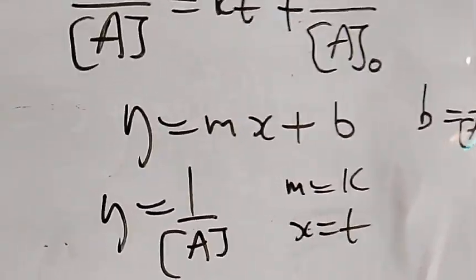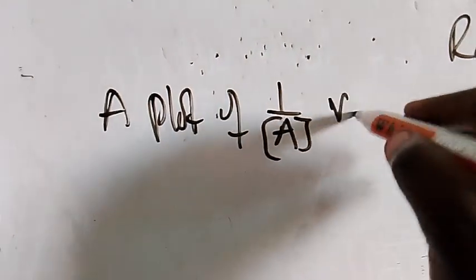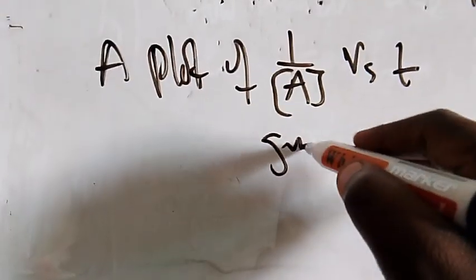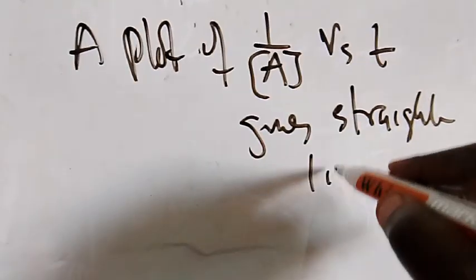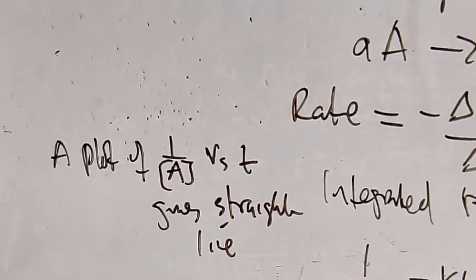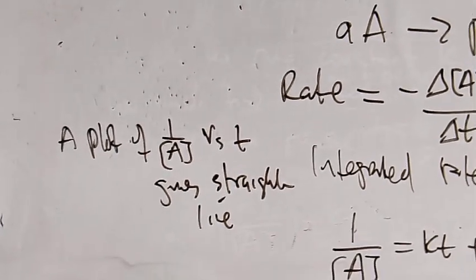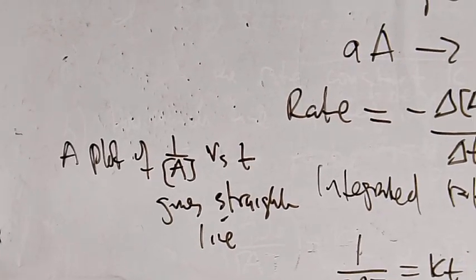So it means that a plot of 1 over A against T must give a straight line. If you plot 1 over concentration against T and you get a straight line, it means the reaction is second order in A.